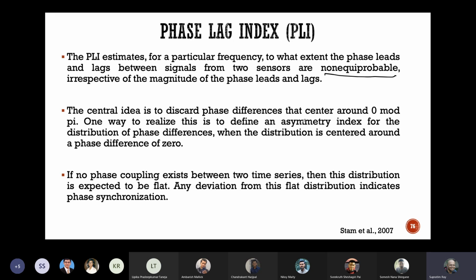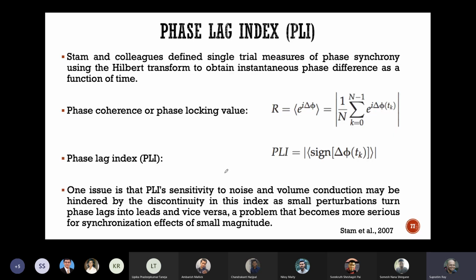And one way to do this is to define an asymmetry index for the distribution of phase differences. And if there is no phase coupling, then this distribution is expected to be flat around zero, and otherwise there's going to be a deviation. So mathematically, this is what it is.